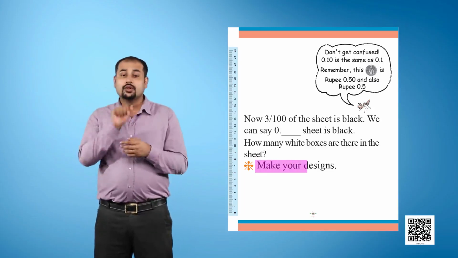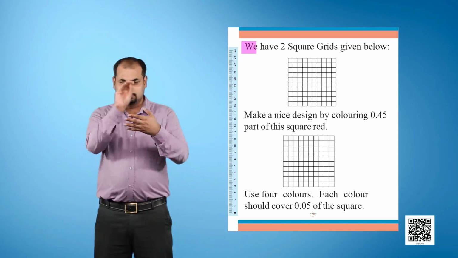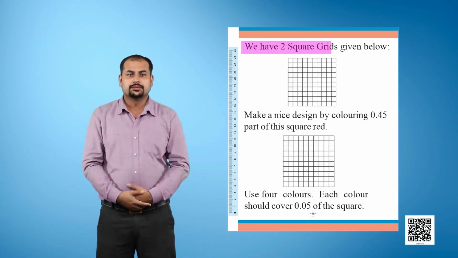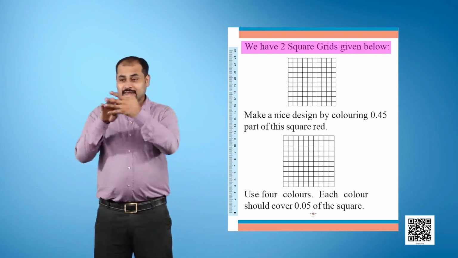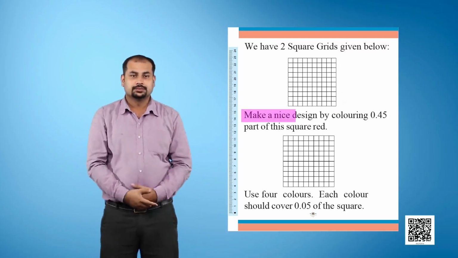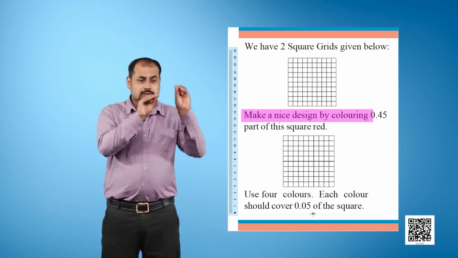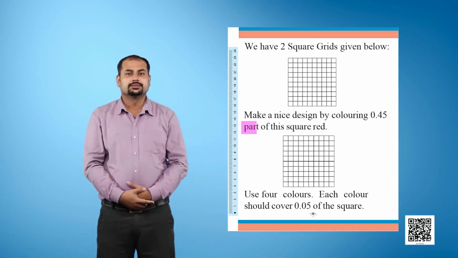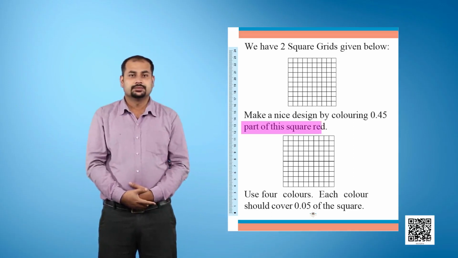Make your designs. We have 2 square grids given below. Under the first grid is written, make a nice design by coloring 0.45 part of this square red.